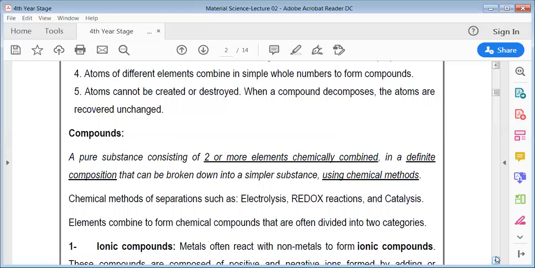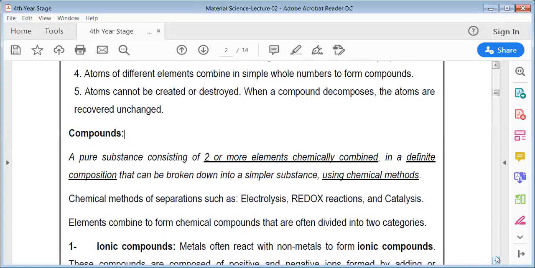When we say chemical way, we mean they make a bond, like a covalent bond or an ionic bond. Of course, in a definite composition. It means the composition is known. Example, hydrogen peroxide is two hydrogen and two oxygen, and that's it.